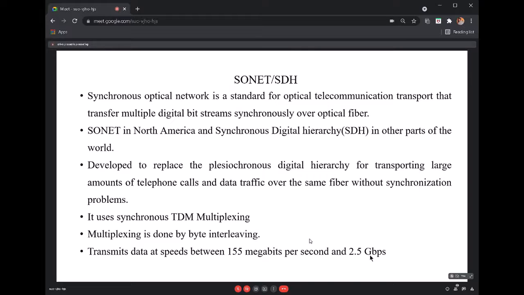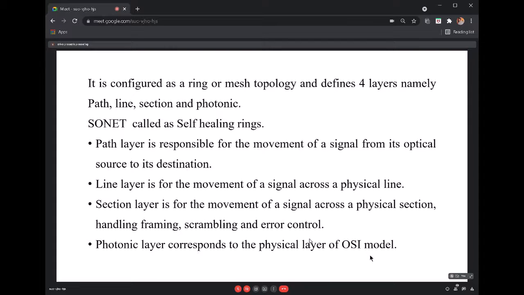Next, basically this is configured as a ring type or a mesh topology. What is a topology? You all know. Either it will be ring-like or mesh-like structure. It defines 4 layers, namely the path, line, section, and photonic layers.